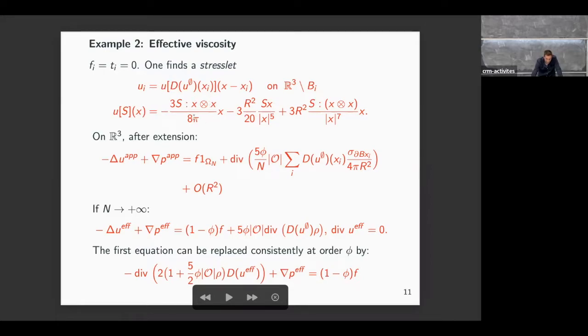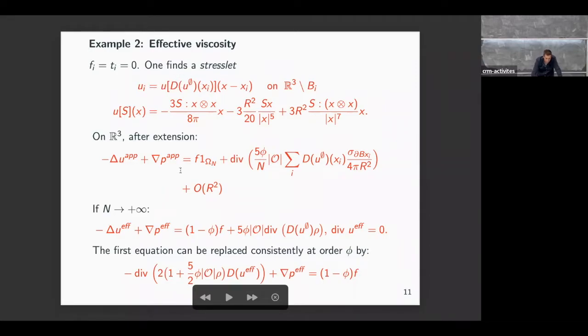The leading term of this solution is homogeneous of order... Okay, there is a typo here. It should be homogeneous of order -2. So I forgot an x to the 5 at the denominator here. And also it involves, you see, the stress matrix of this U naught, so the symmetric part of the gradient evaluated at xi.